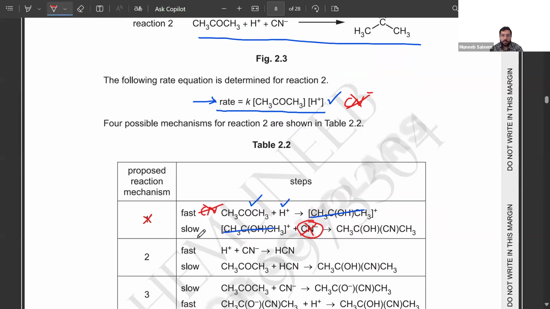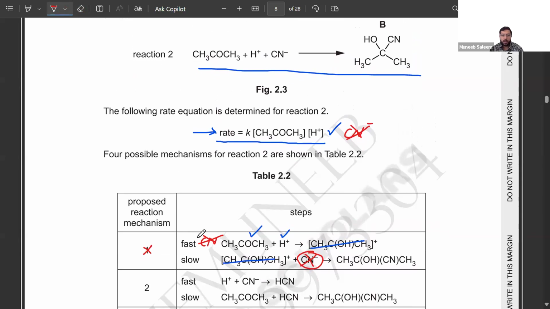The second mechanism says that we have the hydrogen ions in the first step and we have the cyanide ion in the first step. That's fine to give the HCN. So hydrogen ions can be considered in the first step because we have hydrogen ion over here. But again, the problem is with the cyanide ion. The cyanide ion is present on the reactant side, which is not in the rate equation.